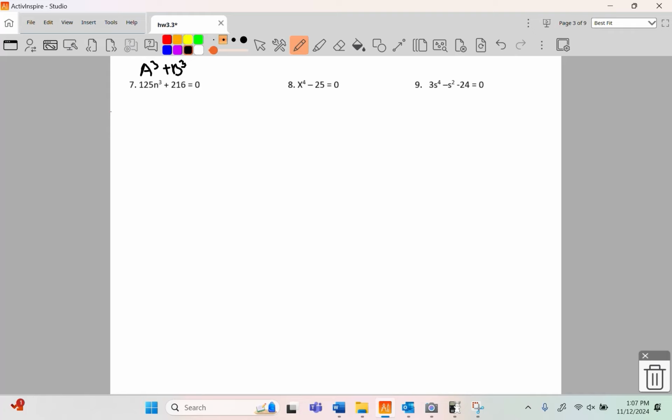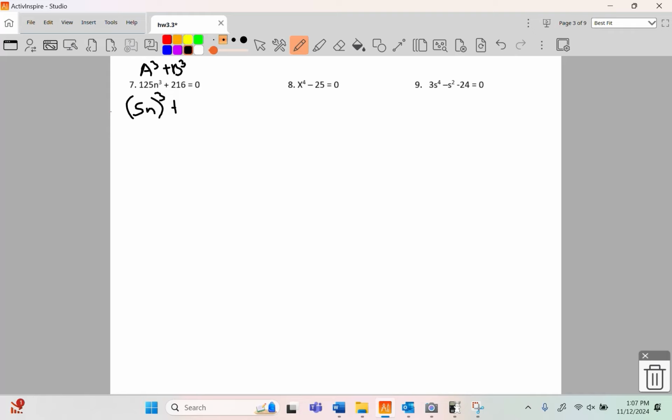What cube is 125? 5. What cube gives you n cubed? N, so I'm thinking of this as 5n that's cubed.